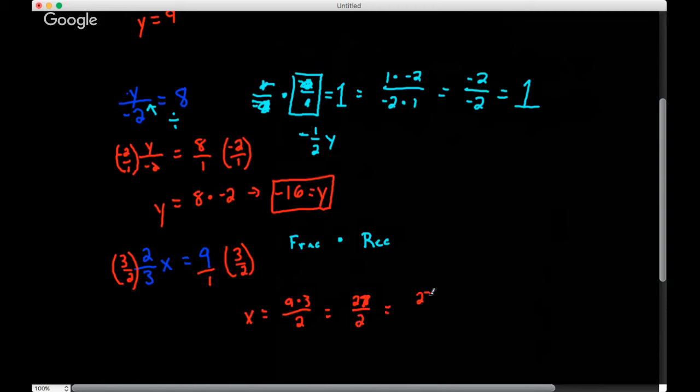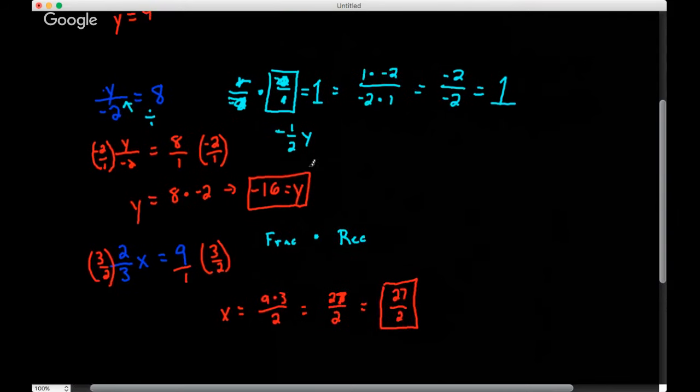So you have 27 over 2. Can that be reduced? The first thing you need to look at is, can it be reduced? And in this situation, the answer is no. This cannot be reduced. So you're going to leave this in this form, okay? So x equals 27 over 2, okay?